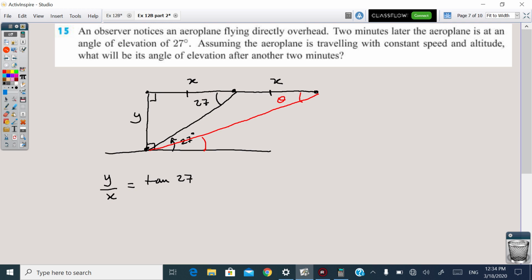And from the bigger triangle we have y over 2x equals tan theta.